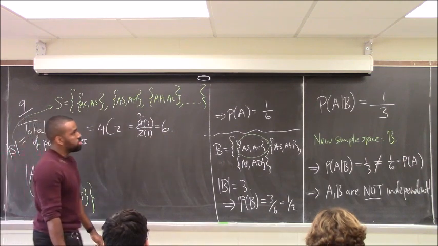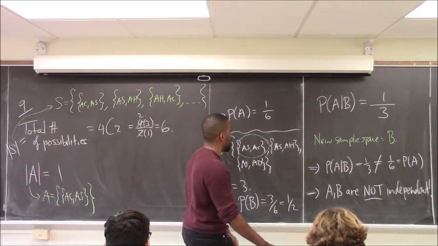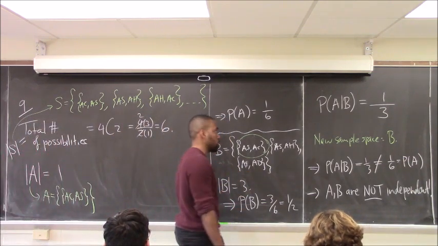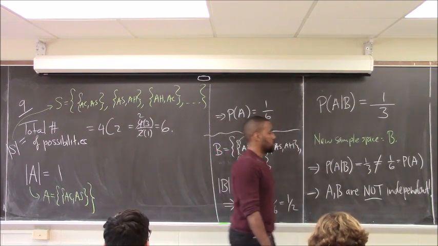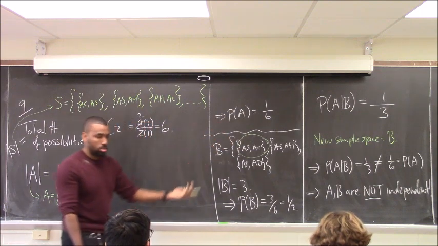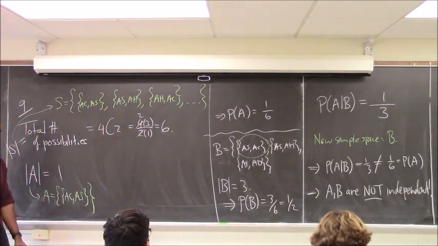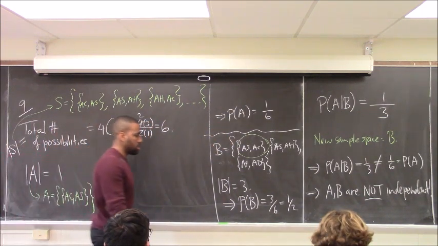For A given B, this means B has already occurred. This is our new sample space. There are now 3 total possibilities. One of them is A. So that's 1/3. Turns out that these 2 aren't equal, so they are not independent. Meaning one of these actually affects the other.